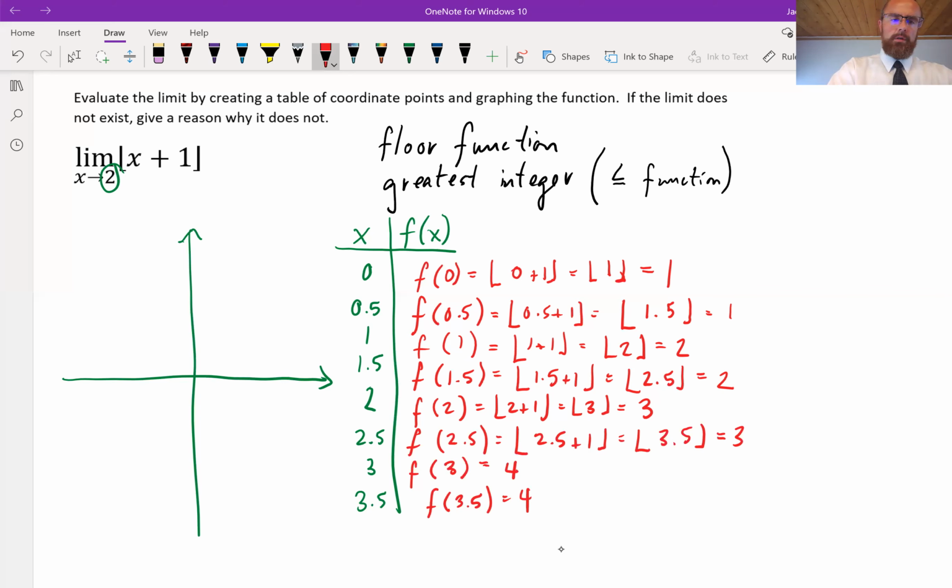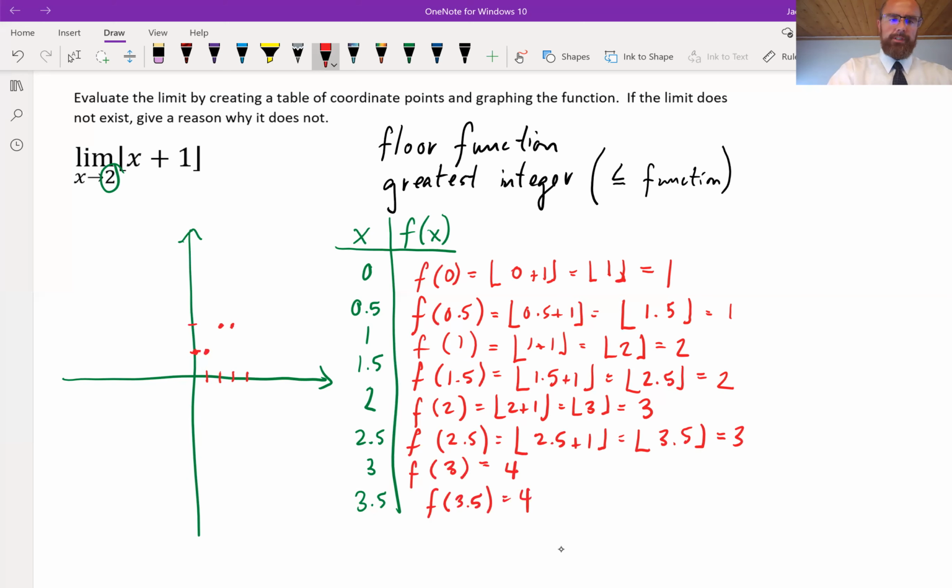So at 0, my value is 1. At 0.5, my value is 1. At 1, my value is 2. At 1.5, my value is also 2. But at 3, f at 3, I'm sorry, let me catch that.